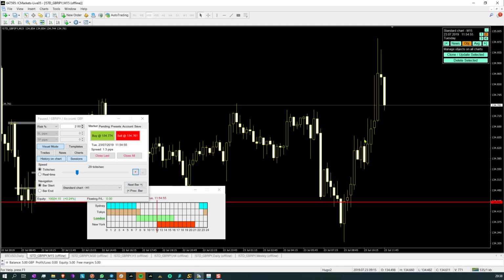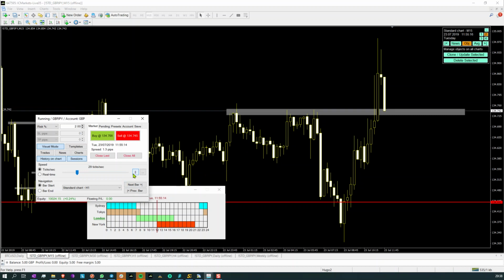Let's see the M15. Support is just here. And if we have an M15 closing bullish after rejecting this, that would be awesome.